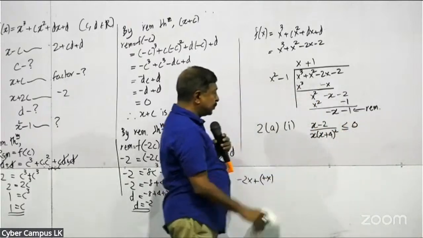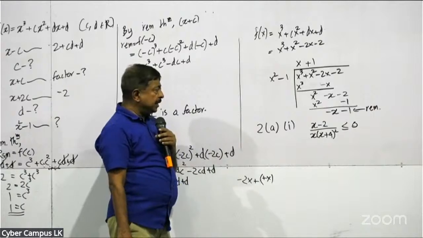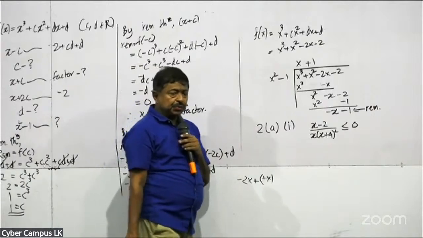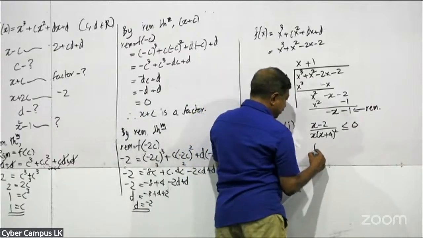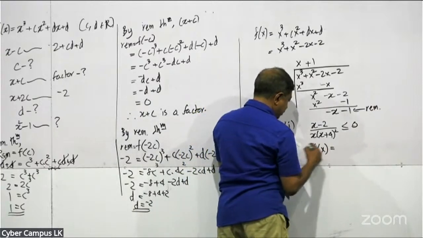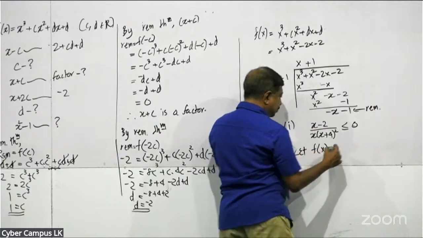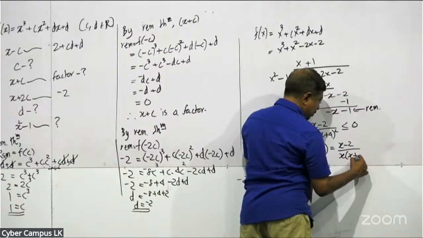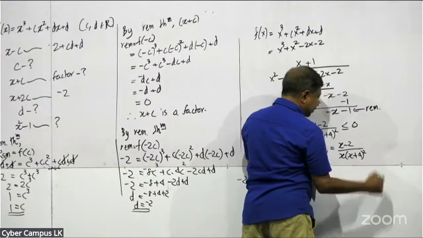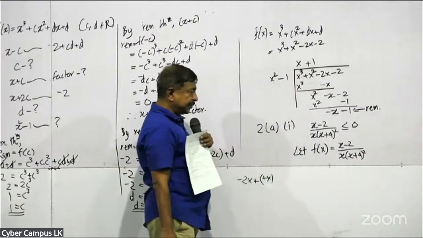So this is what we need to do. When you have an inequality, you have to bring all the variables to one side. After that, you take this as f of x. Let f of x be this. Because we like to have a little discussion, I'll name it f of x.